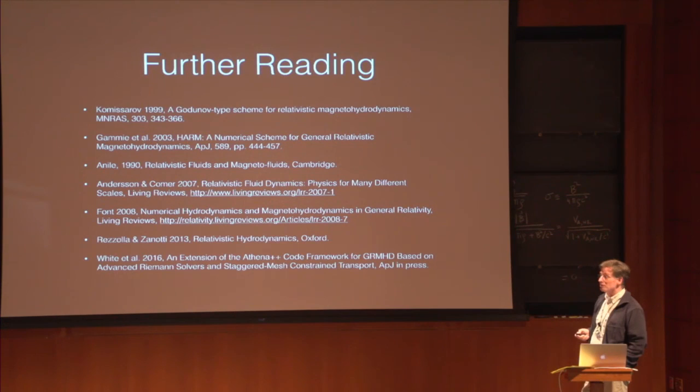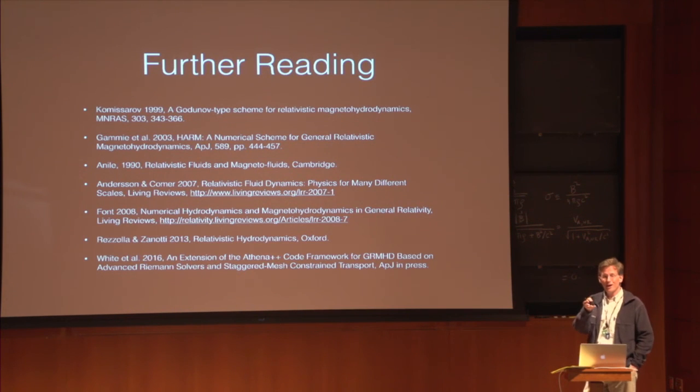There's a book by Anile, who is really a mathematician, on relativistic fluids, but there are certain fundamental results, for example, eigenvalues and eigenvectors, which are given in this book, which may be useful for you. There's a living review, a set of living reviews.